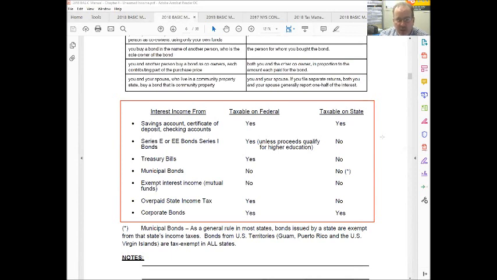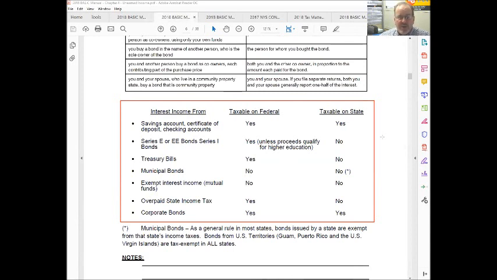It says no on the federal and no on the state, but there's an asterisk, okay? What that means is, say I have a bond fund that is buying bonds being sold by schools to raise money to build new gymnasiums, okay? If I'm a resident of New York, and all of those schools and bonds are in the state of New York, then that is not taxable in New York, okay?